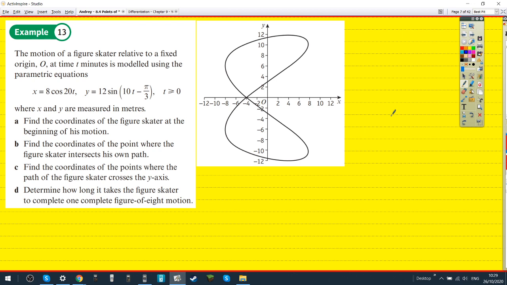Okay, so the motion of this is time. Am I here trying to sub in? Do I need to solve for t?